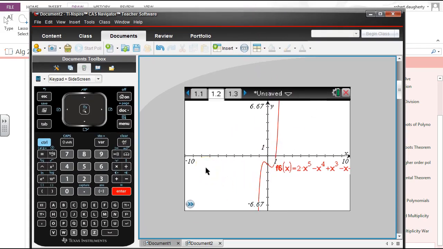Now, look at this graph. Is there an absolute maximum? Absolute minimum? What's the degree? The degree is 5. How many roots are there? 5. How many do you see? How many roots do you see? Come on. 2, 4. I only see one root. Why are we only seeing 1 and not all 5?